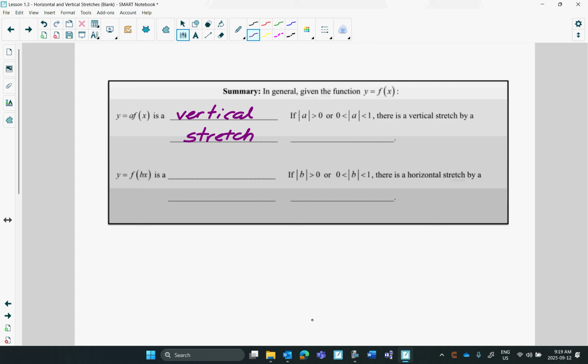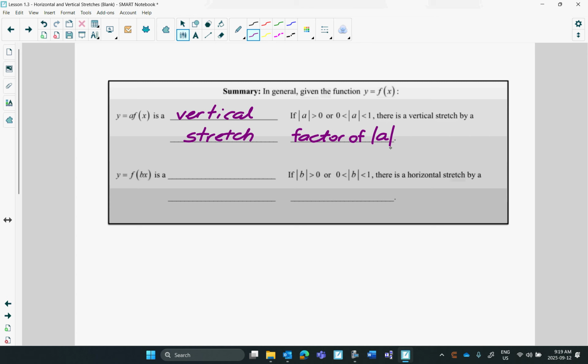So there's a vertical stretch by a factor of absolute value of a. Not including any negatives. That's why I take the absolute value to get rid of any negatives. That's the third transformation we're going to do.